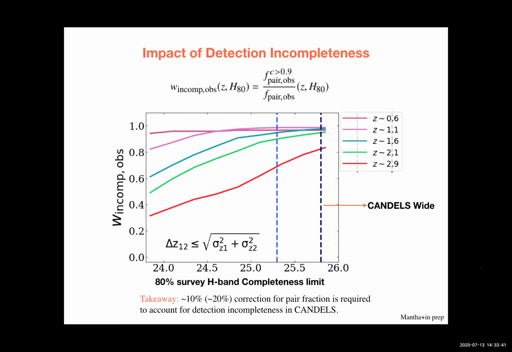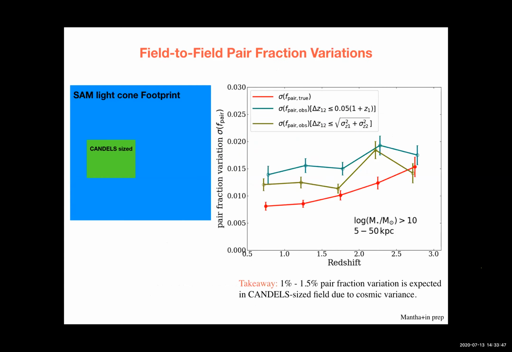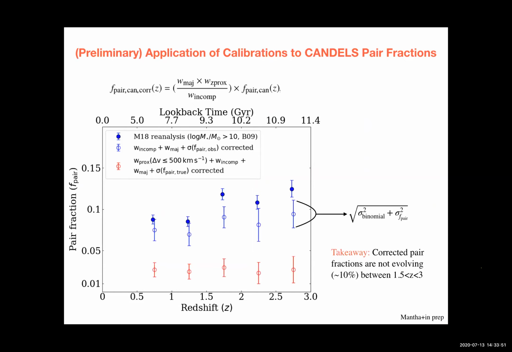I had a question about the punchline plot for the SAM analysis that I put in the chat. Was that your last slide? Yeah. So basically, what I'm taking away is that if you actually correct your observed pair fractions using your prescriptions, you get about a factor of 3 lower fraction.